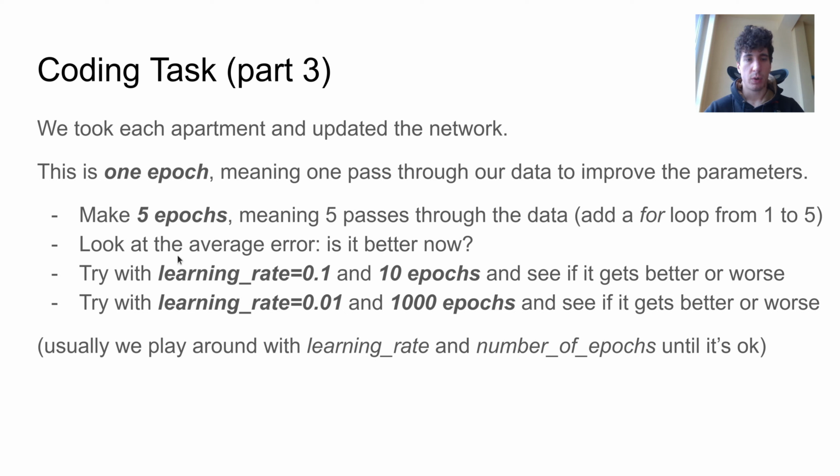And then look at the average error if our network got better or worse. Also, try with a bigger learning rate and more epochs, and then put the learning rate back to 0.01 and do even more epochs and see if the network got better or worse. It's quite common to play with the learning rate and the epochs number and see what the error is and choose the best ones.